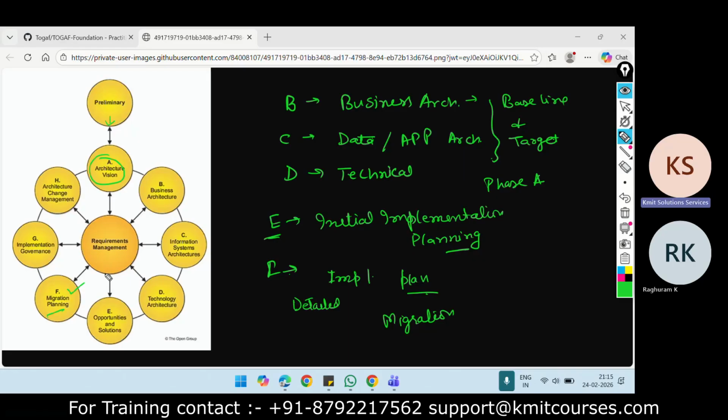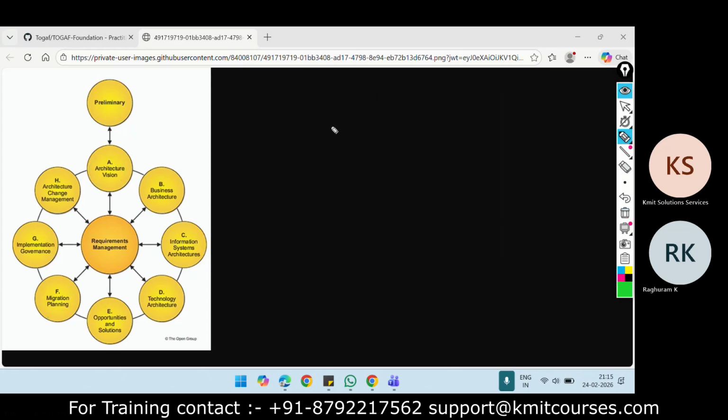Now in phase G, what are we doing? Implementation governance. So what is that? Implementation governance is where you provide architectural oversight to the implementation.